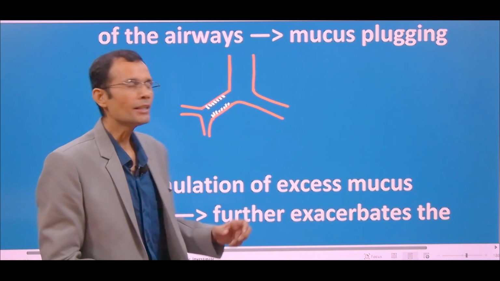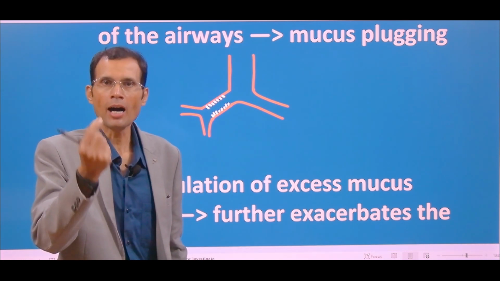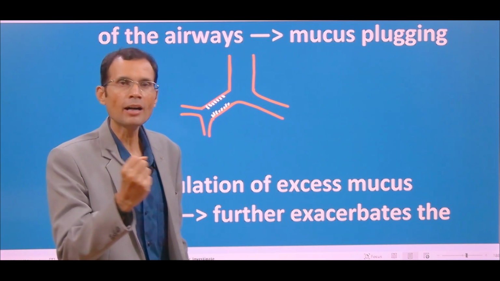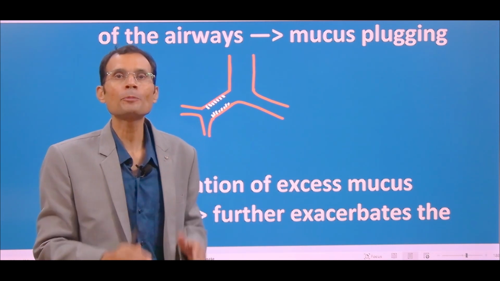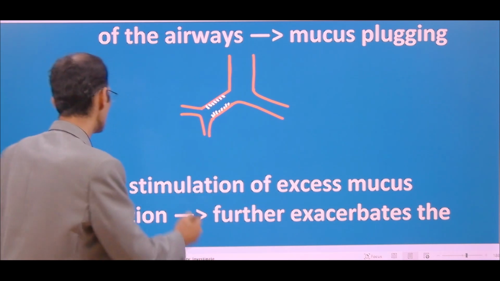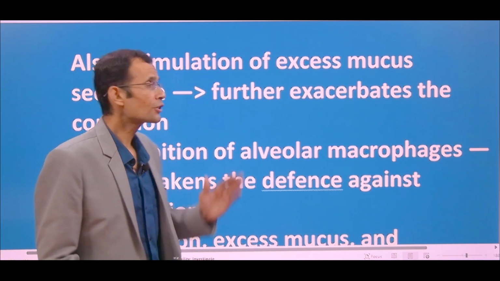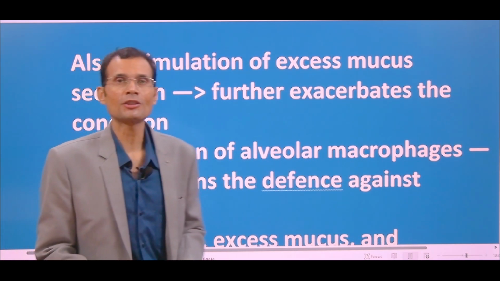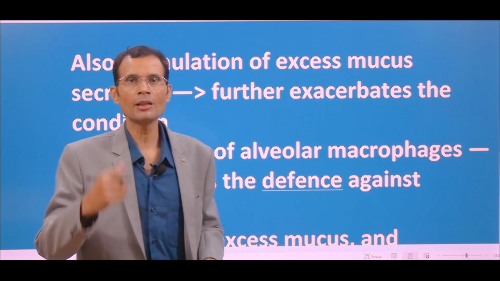That will result in mucus plugging of the airways. The mucus will accumulate, become hard, and form mucus plugs. Now that will start obstructing the airways even further. There is also stimulation of excess mucus production. With chronic irritation, excess mucus is getting produced.